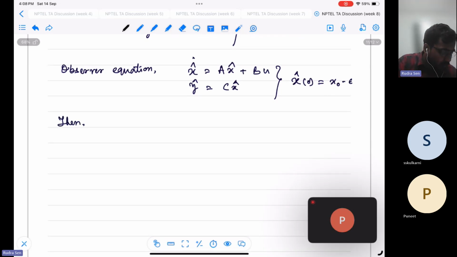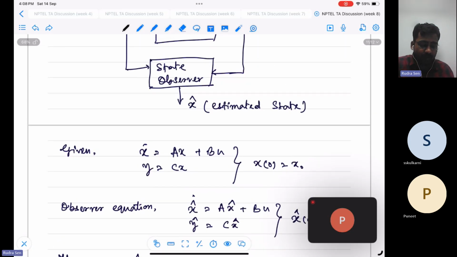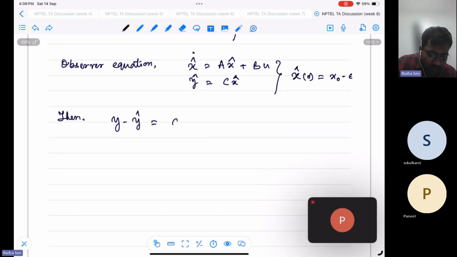So then what should we do? We should make y hat approach y. The output of the observer should approach the output of the actual system, right? So this means C times x minus x hat.